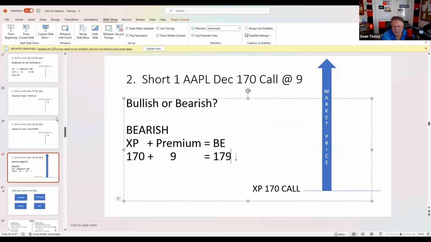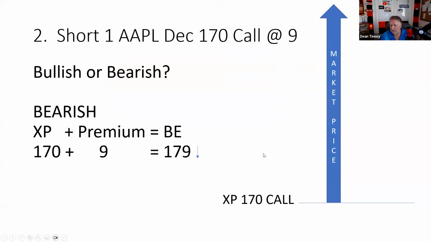By the way, if you're wondering why the numbers are off, it's because Apple has a very high test question beta. What does that mean? I'm telling you that Apple has a high beta.